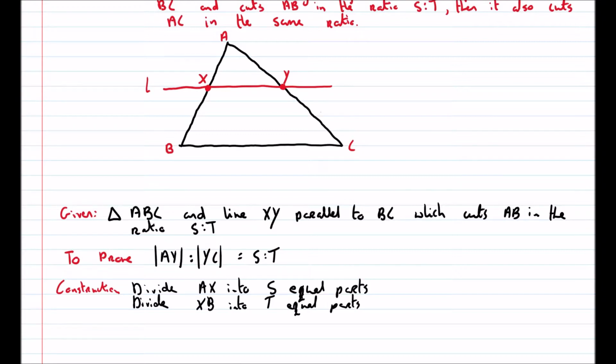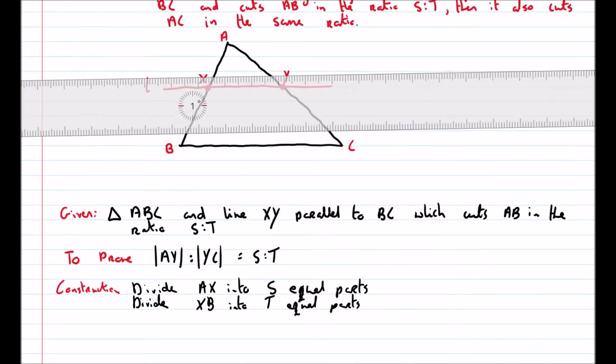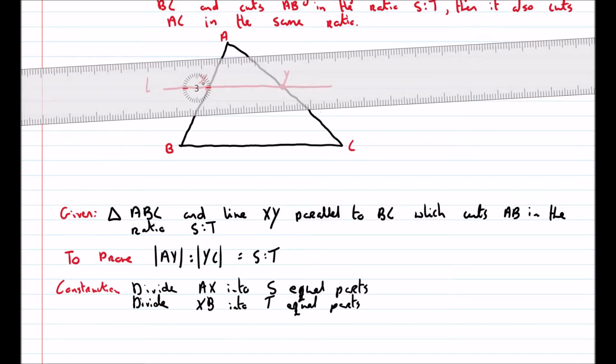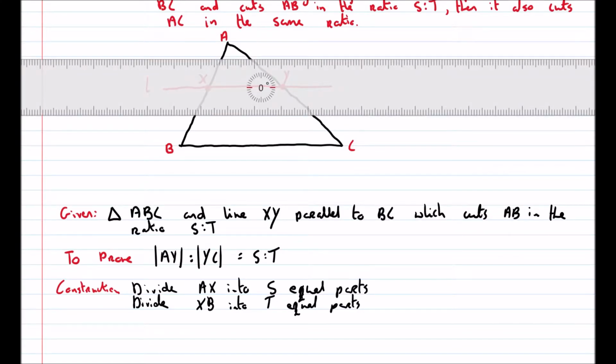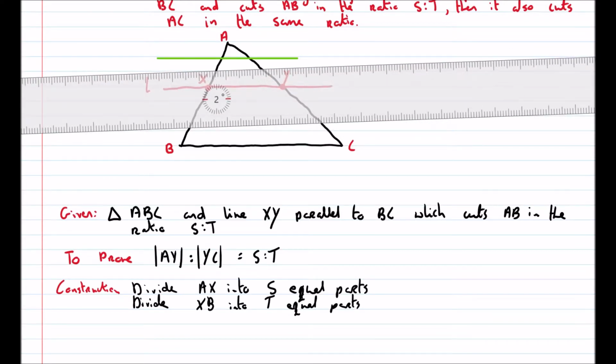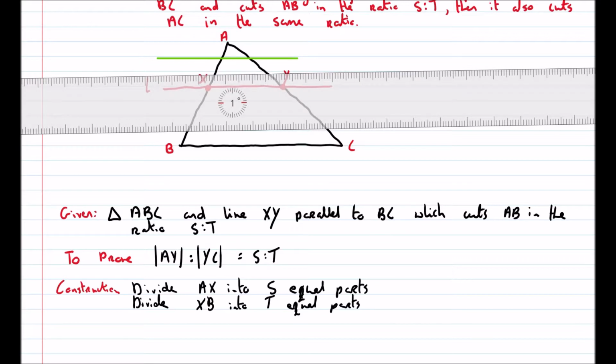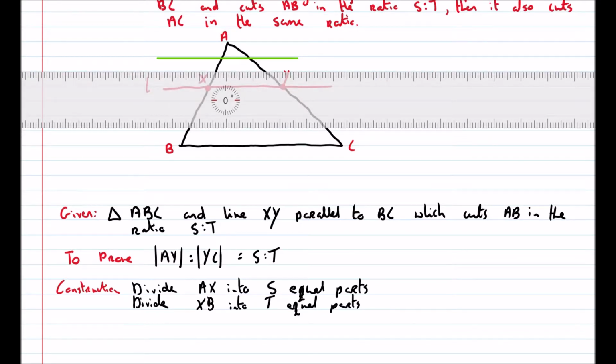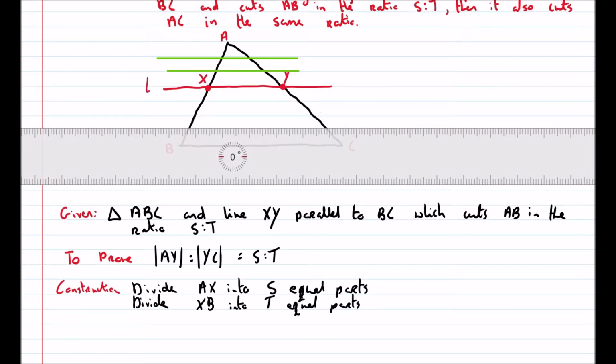So here's what I do. First of all, I'm going to divide the top one. Okay, bear with me with this. 1, 2, 3 parts. And I'm just going to highlight this: the distance between here and here is actually the same as the distance between here and here and here and here, okay?